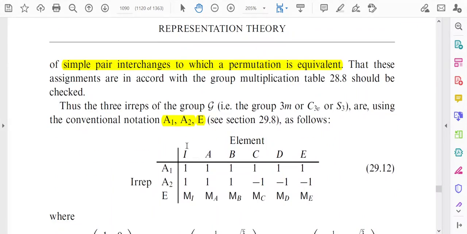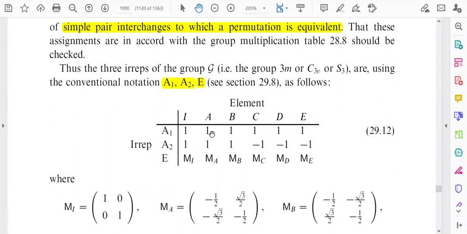So how do we write down all 3 irreducible representations of G? We are writing this in a table. In the first row we write the elements. The elements in generalized form are I, A, B and C, D, E, and there are a total of 3 irreducible representations. The first one is that all are 1, and we denote it as A1. In the left side column are the irreducible representations or irreps.